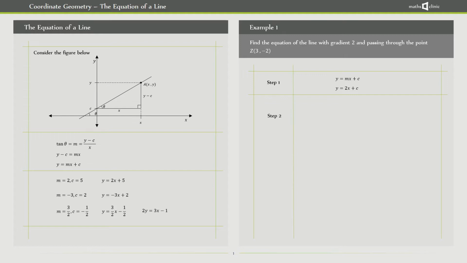Remember what I told you, this equation applies for every point on the line, including the point Z. So if you have y equals 2x plus c, this law must apply to the point Z, i.e. minus 2, which is your y value there, should equal 2 times 3, which is your x value there, plus c.